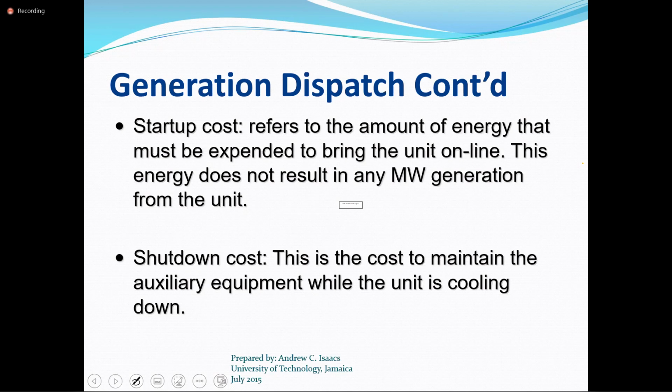So in deciding which units you're going to use as your peak units, and this is the key point, you have to give consideration to what it will cost you to bring it on and what it will cost you to take it off.